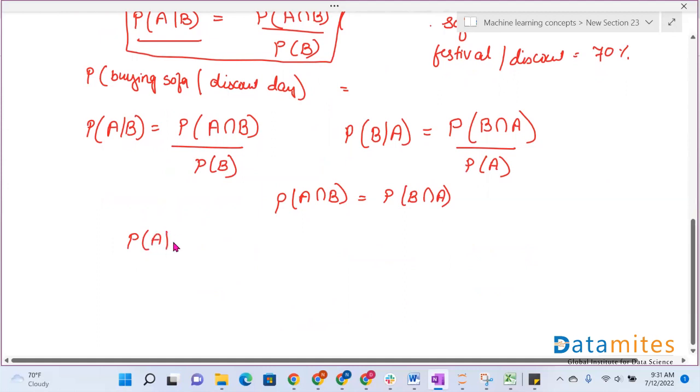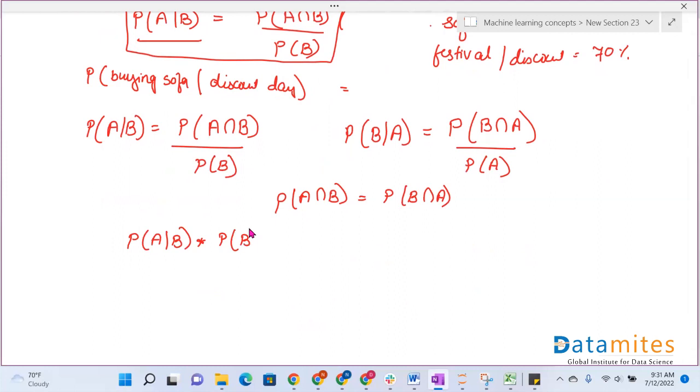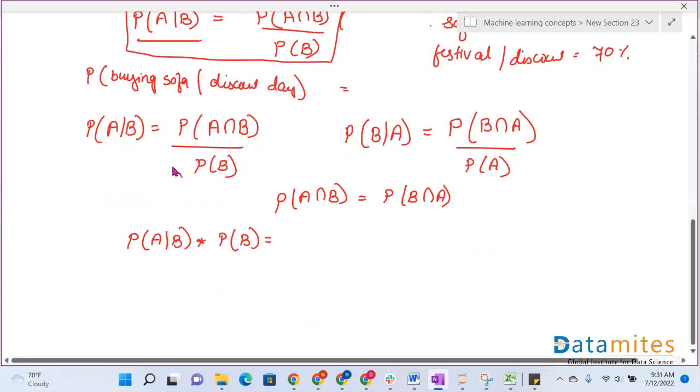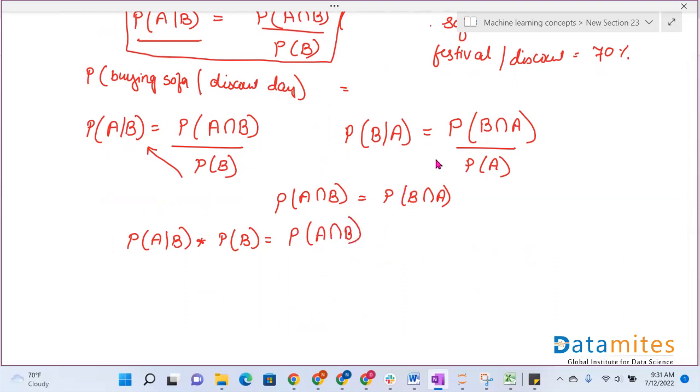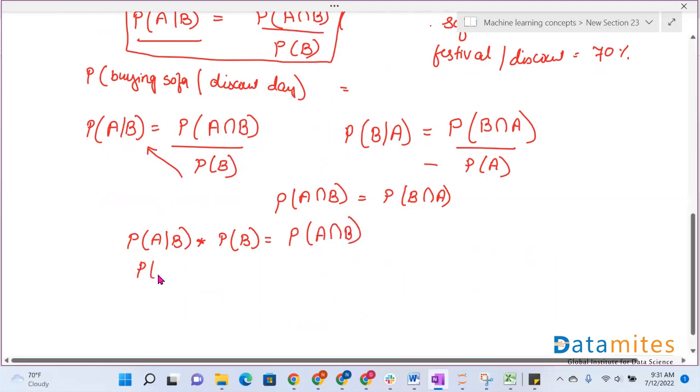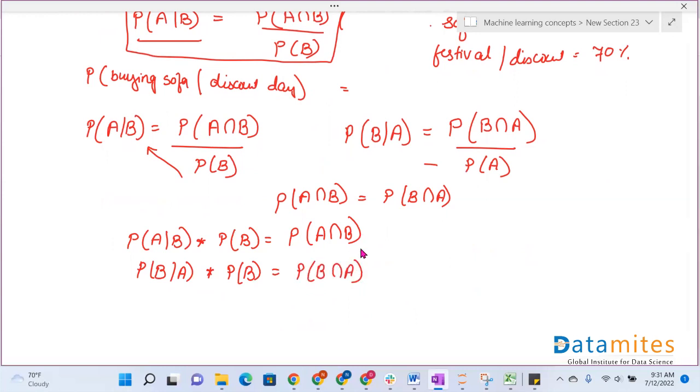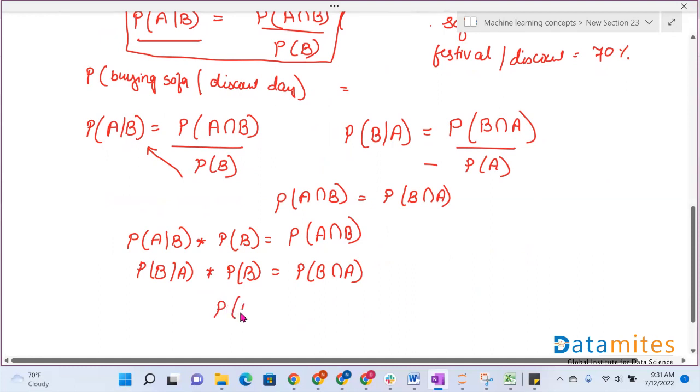Probability of A given B multiplied by probability of B is equal to probability of A intersection B, whereas probability of B given A multiplied by probability of A is equal to probability of B intersection A. These are equal, so we equate them.